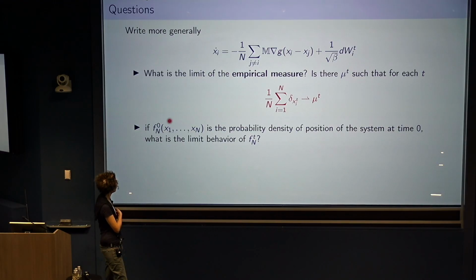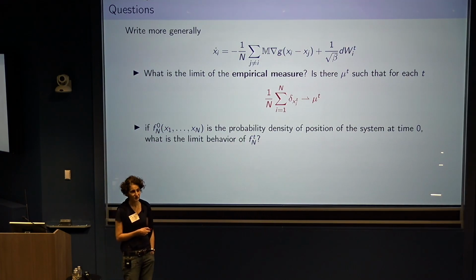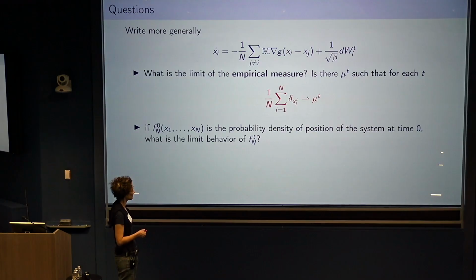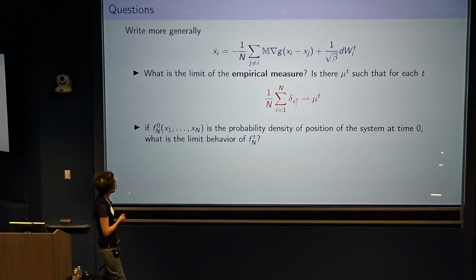So it will be called F_n. And let's say at initial time, it's going to be F_n^0. So for instance, you can take it to be a Dirac at some initial configuration, or you can take a true probabilistic distribution. And you want to understand the behavior of the joint law at later times. So that thing also solves the PDE.